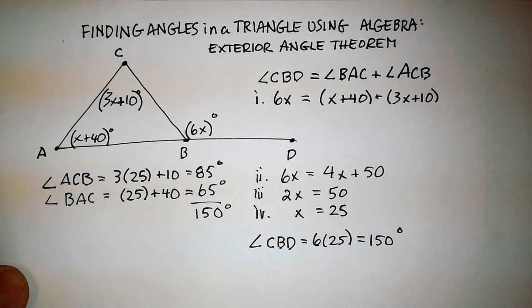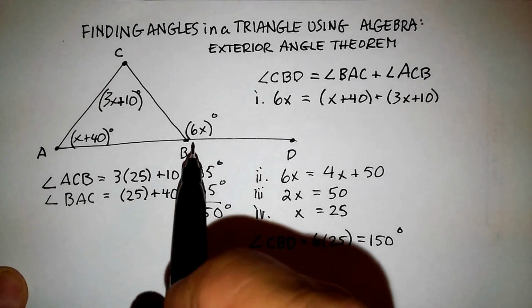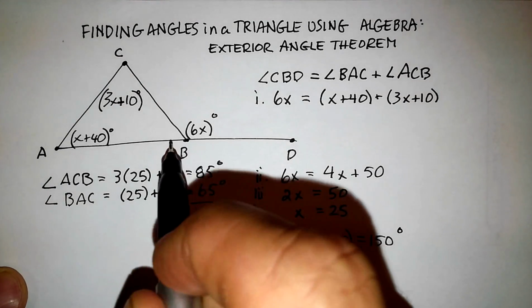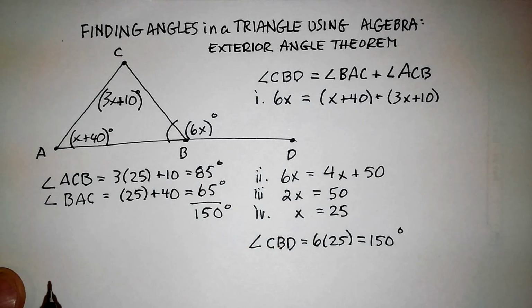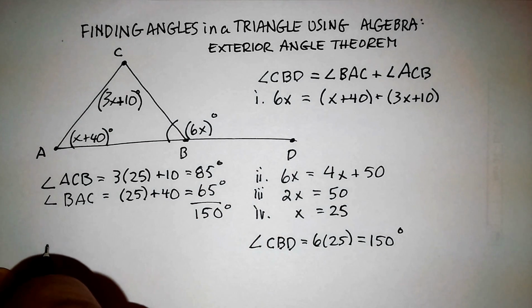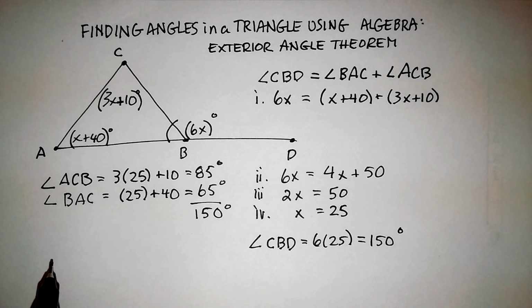Okay? Now, there's something else that we can do to prove this, right? We also know that this angle and this angle, which is CBA, so let's put that over here. This is just like a little extra, all right?